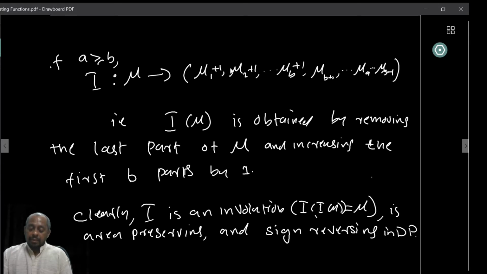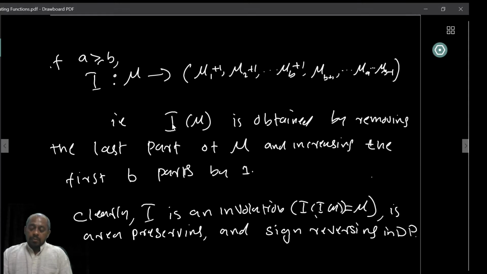So I will get mu 1 plus 1, mu 2 plus 1, etc., mu B plus 1, then mu B plus 1, mu B plus 2, up to mu A, and then everything else as it is, till mu S minus 1, and then remove the last part, which is mu S. So I subtract the number of parts by 1. I removed that element, and B I distributed to the first B parts.